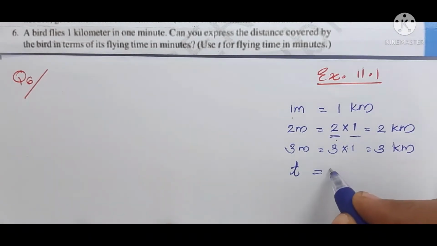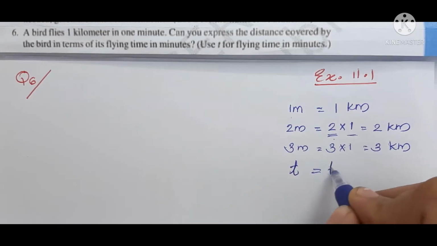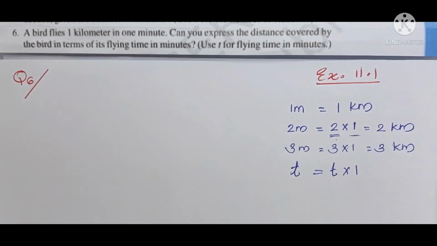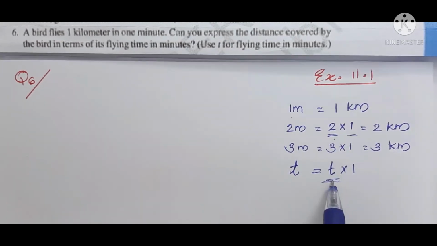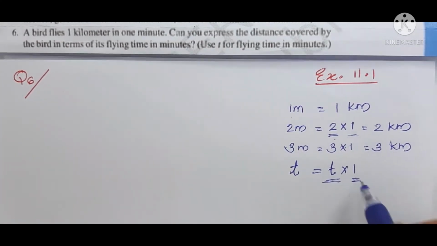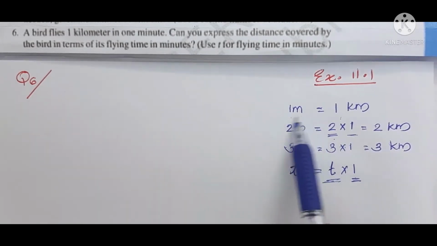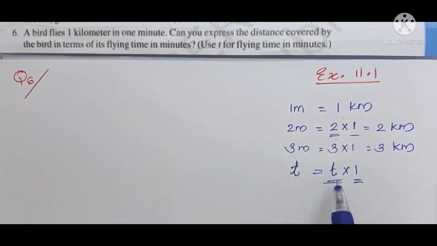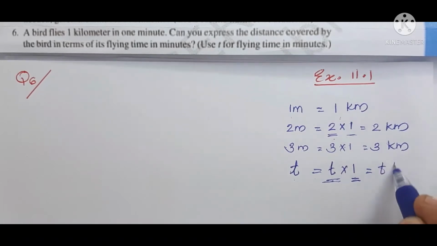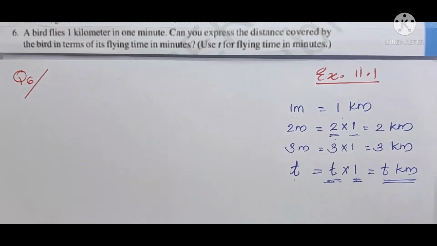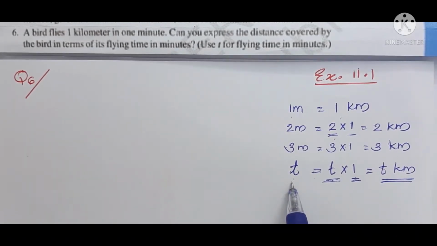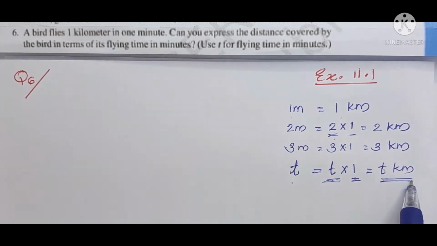That is equal to T into 1, because T is the time taken by the bird and 1 is the kilometer or distance travelled by the bird in 1 minute. So that is equal to T into 1, that is equal to T kilometers. Okay. In T time, the bird's travelling distance is T kilometers.